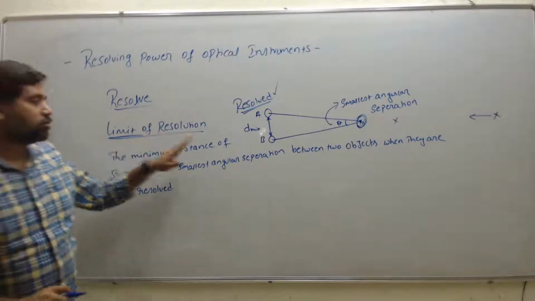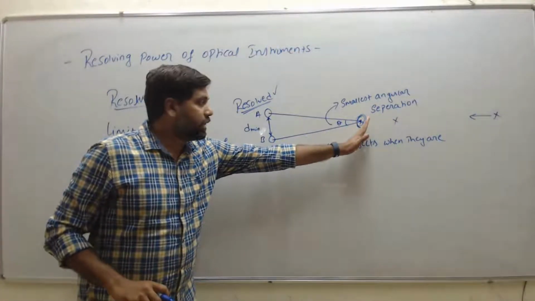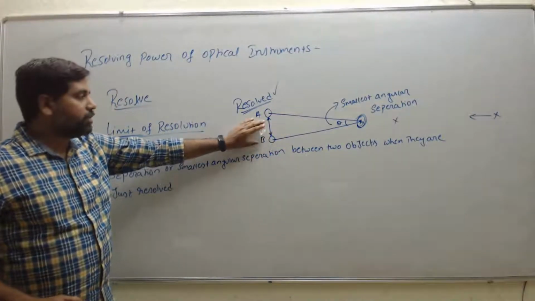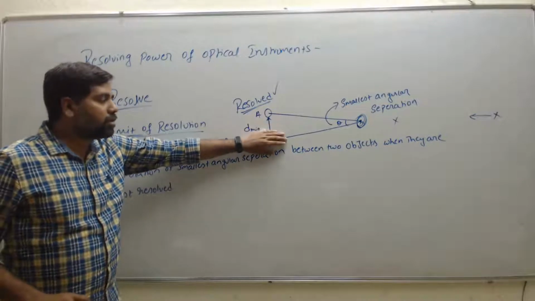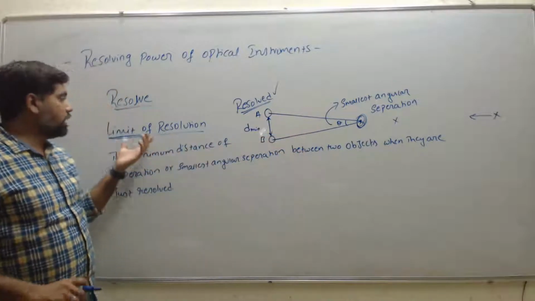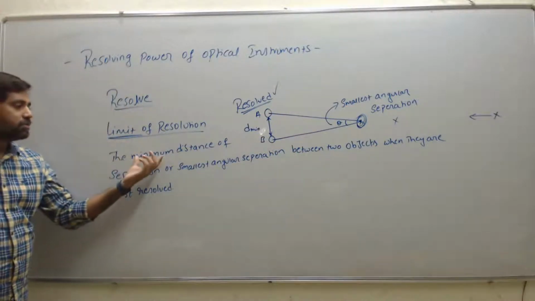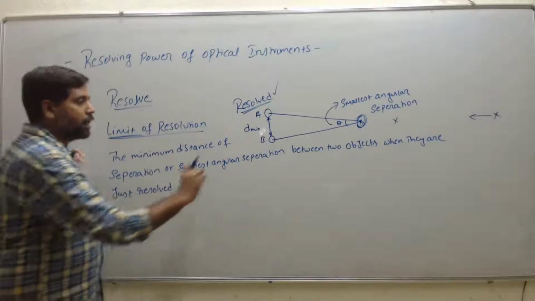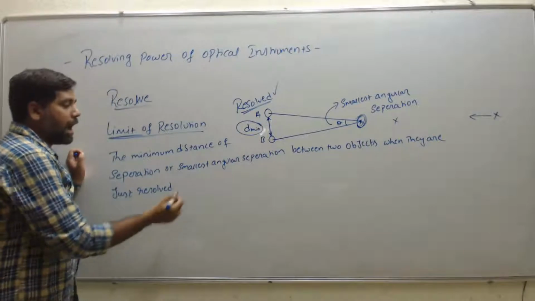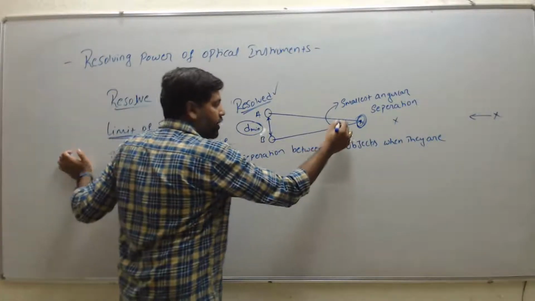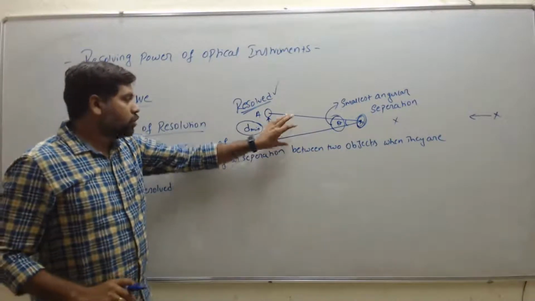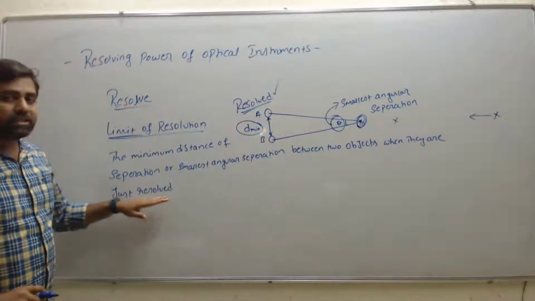So what is the limit of resolution? At a certain distance between these two objects, we identify that these are not a single object, these are two different objects. That point we call the limit of resolution. That is the minimum distance of separation, or the smallest angular separation, the angle theta, between the two objects when they are just resolved.